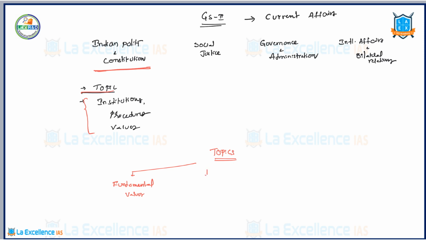And then how political power is divided. In the division of political power, we have federalism. And in the division of power, there is another concept called separation of powers.